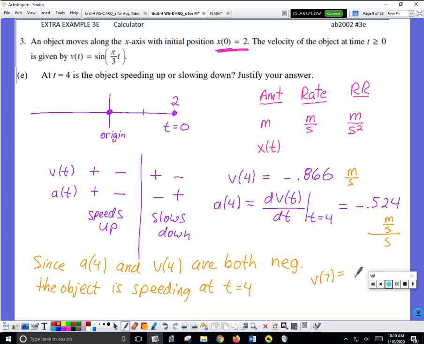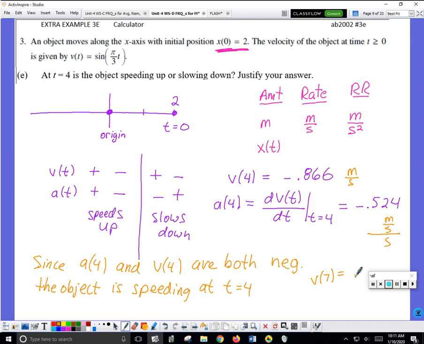So I saw loss is how much the velocity is going to change every second.